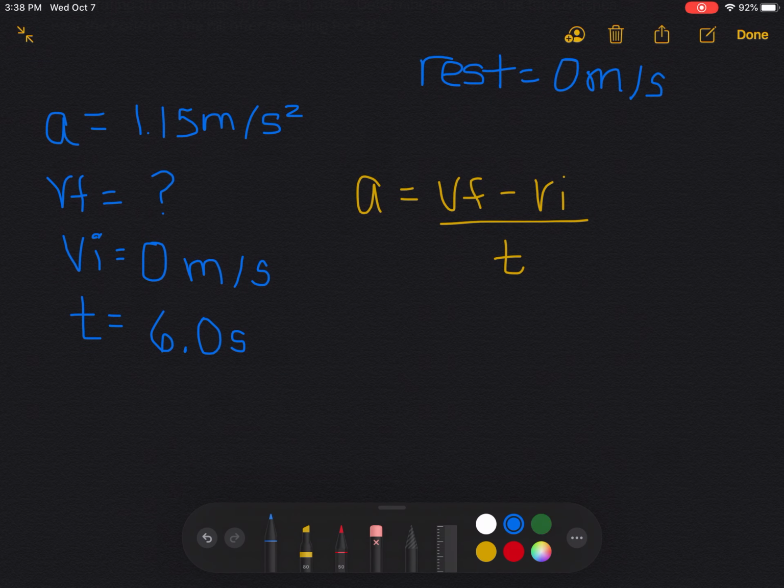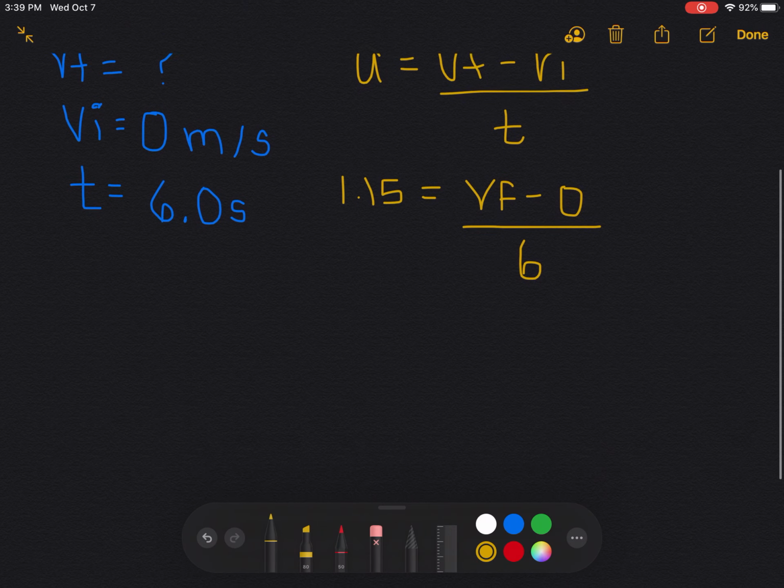So I'm going to plug these pieces in. Our acceleration is 1.15, equal to our VF, which we do not know. So I'm going to write VF minus our VI, which is 0, divided by T, which is 6.